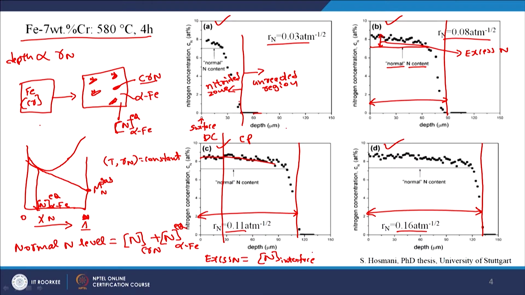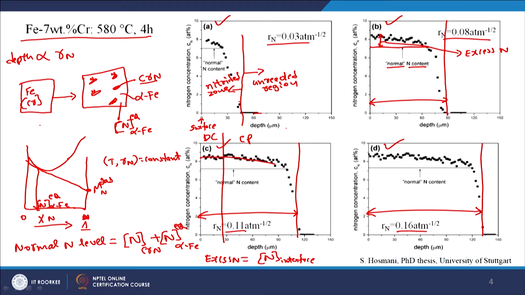And then the other quantity which we can think of is this: we have said that the equilibrium nitrogen level of alpha iron we get from experiments on pure iron. That matrix of pure iron will be fully ferrite, but in our actual samples of these alloys, when you form these nitride particles, there will be misfit strains between the particles and the matrix.